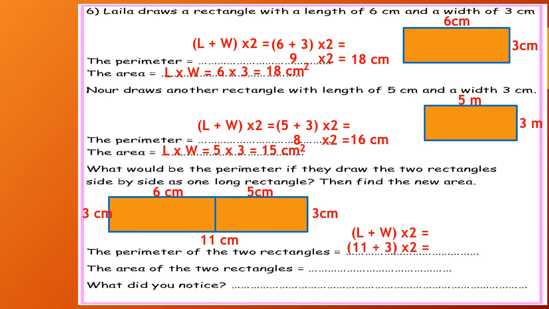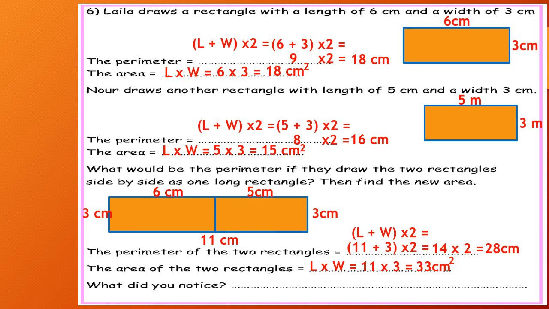The length is 11 and the width is 3. 11 plus 3 is 14, times 2, the double of 14 is 28 centimeters. The area of the two rectangles, or the big rectangle, is length by width, 11 by 3, 33 meters squared.